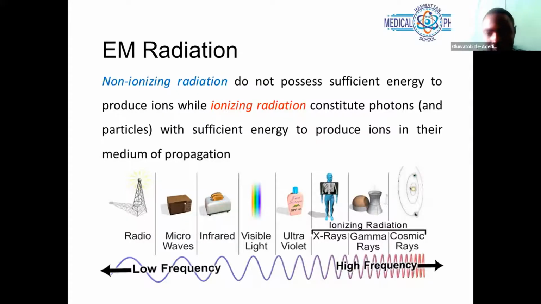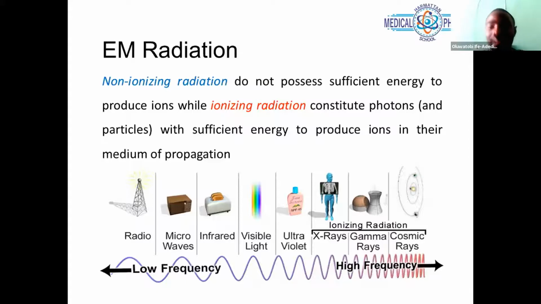So if you look at the diagram on the slide, you'll see on the right-hand side, the ionizing radiation shown: X-rays, gamma rays, and cosmic rays. But again, these are the electromagnetic radiation under ionizing radiation. So for ionizing radiation, we said it can constitute photons or particles.